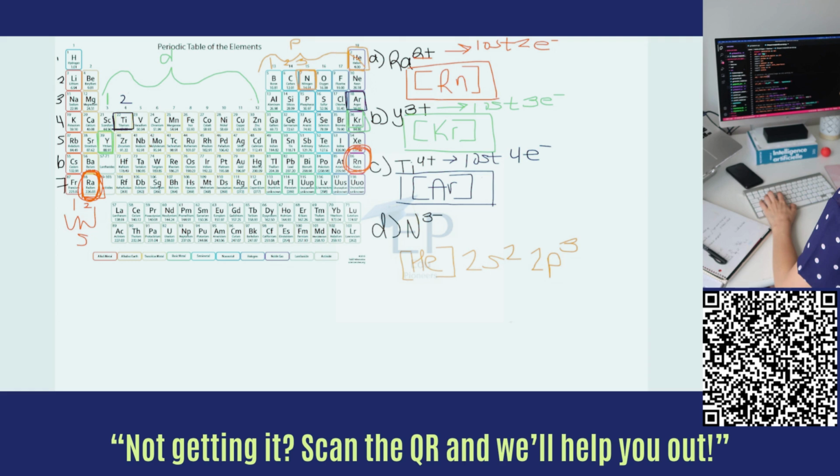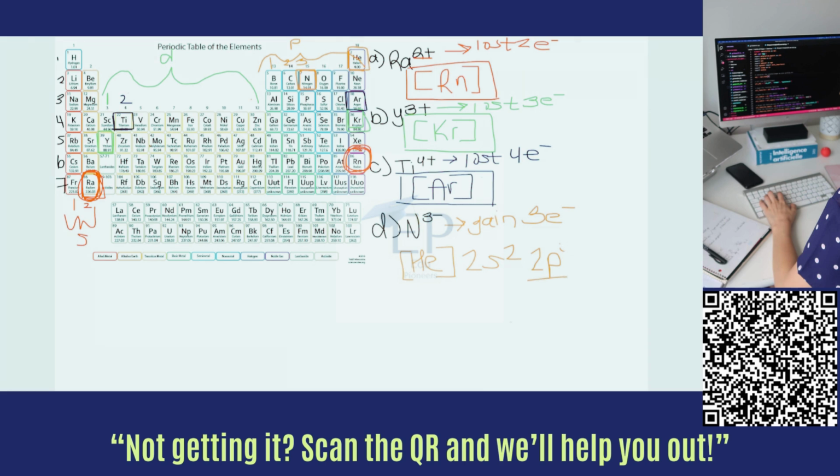So now we look at the charge of the ion to change our electron configuration for the neutral nitrogen so that it matches for the ion. So since it's -3, that means we gained 3 electrons. We're going to add these 3 electrons to the most empty orbital.